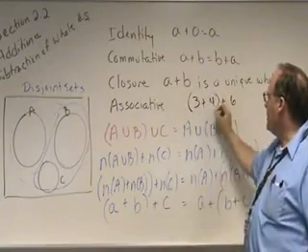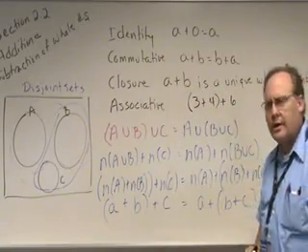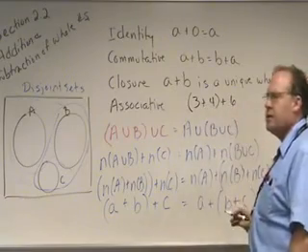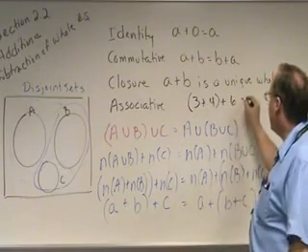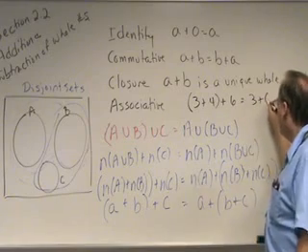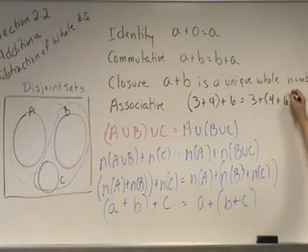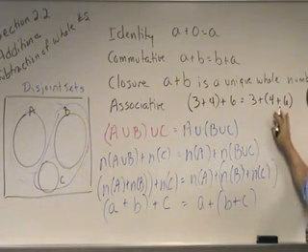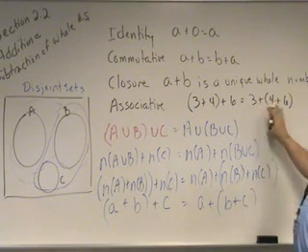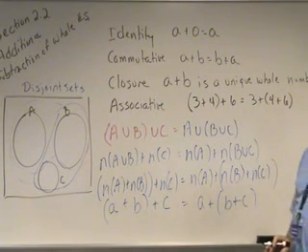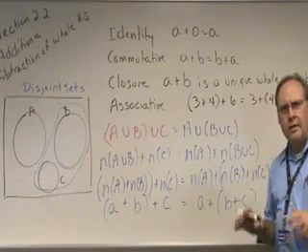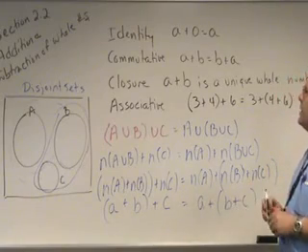I could indeed do 3 plus 4 first and get 7. 7 plus 6 is 13. Or I could recognize that 4 and 6 make up a nice number, 10, and 3 plus 10 is 13. And either way, I will get the same result.